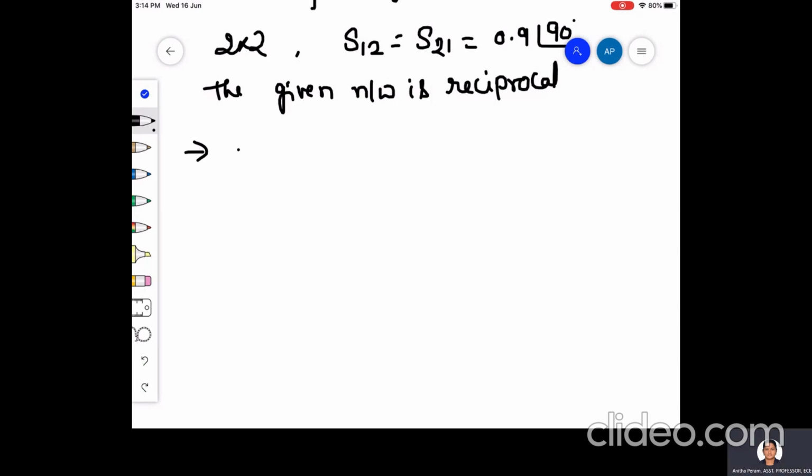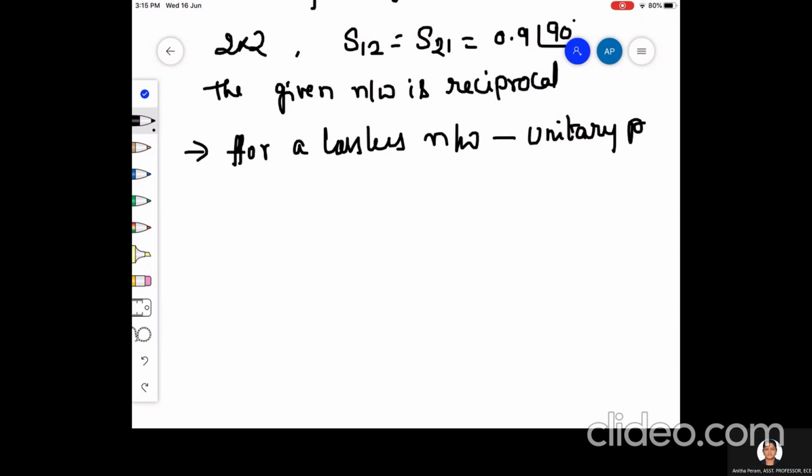For a lossless network, it has to satisfy the unitary property. According to this unitary property, S conjugate transpose multiplied with S must be equal to the identity matrix.